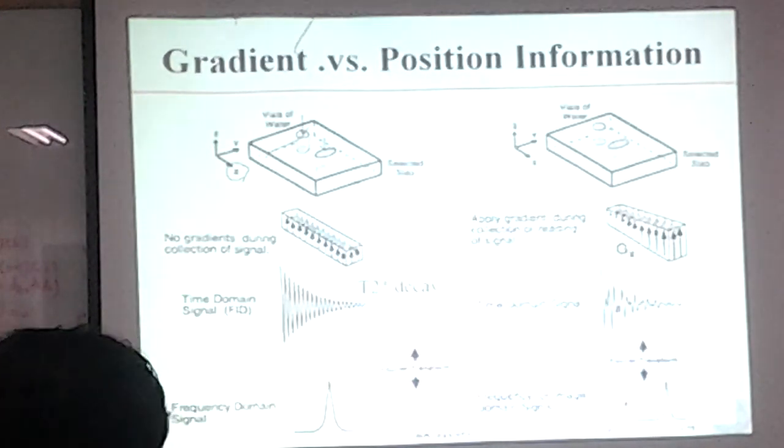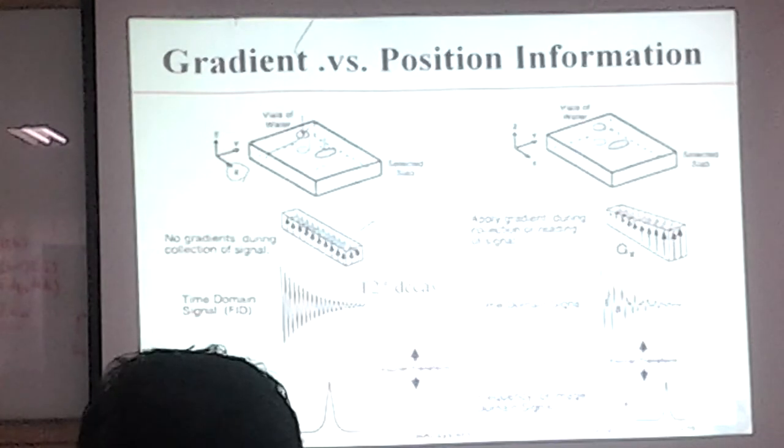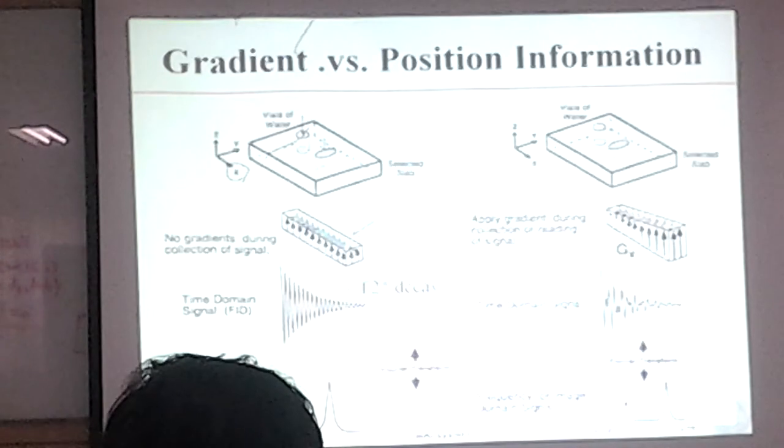For the uniform magnetic field, these arrows mean the magnetic field. Every arrow has the same length, which means the magnetic field is uniform in the X direction. So the two water patterns experience the same magnetic field in this condition.